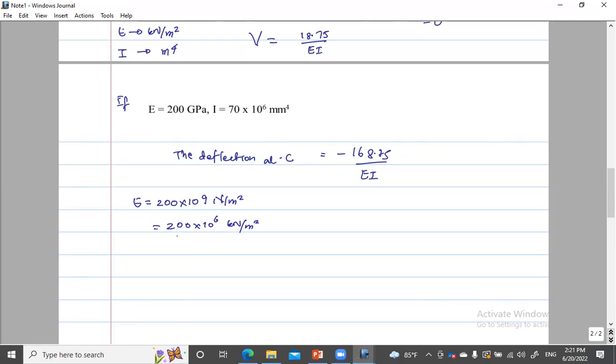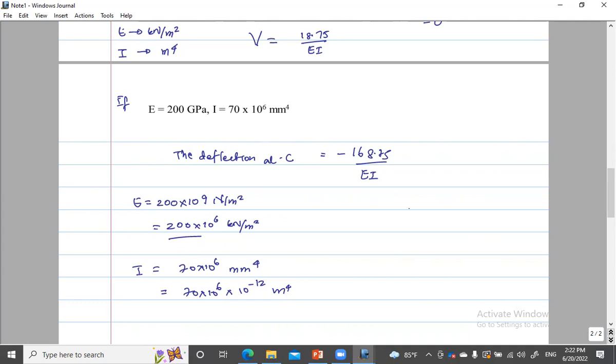So now I can substitute this. I is 70 into 10 to the 6 millimeter to the 4. So 1 millimeter is how many meter? 1 over 1000. So that is 10 to the minus 3. So that should be 70 into 10 to the 6 into 10 to the minus 12 meter to the 4.